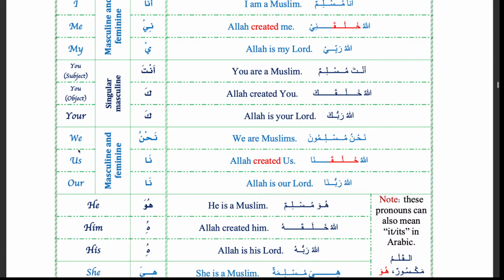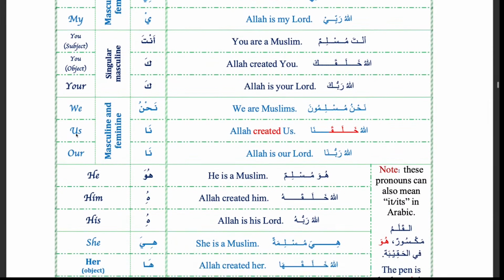Then you have the first person plural. We. We are Muslims. Nahnu muslimun. Allah created us. Allahu khalaqa na. So this entire na representing us, and also the na representing our.